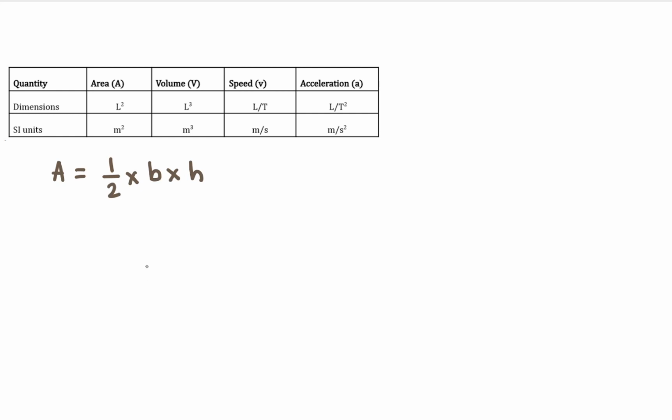In dimension, we ignore the number. Here, both base and height are length. And dimensions are mentioned in square brackets. So, the dimension of area would be length times length, which is length squared.